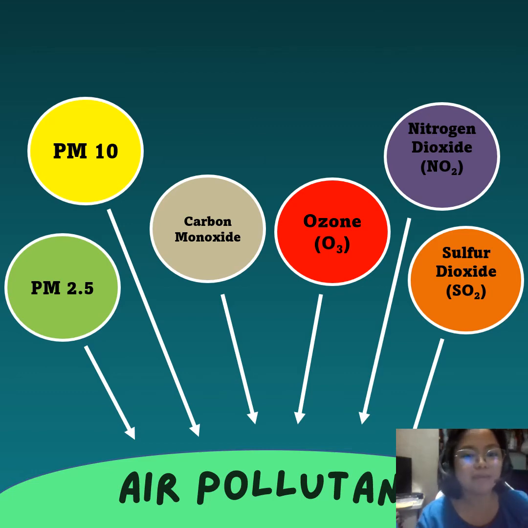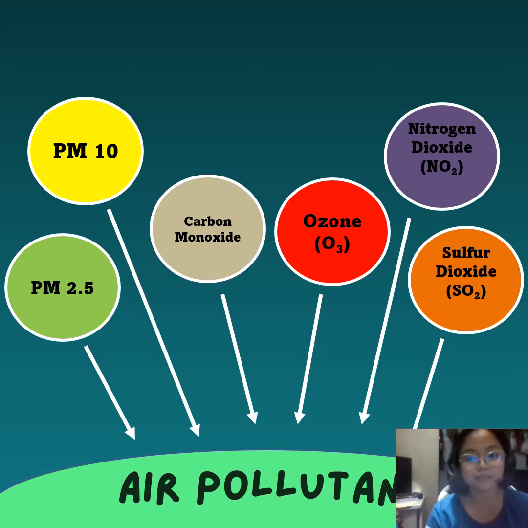These are mostly the air pollutants that contribute to pollution. We have PM 2.5 and PM 10. PM means particulate matter, and the number denotes the size of that specific material. Aside from particulate matter, we have carbon monoxide, usually emitted by cars and other vehicles.